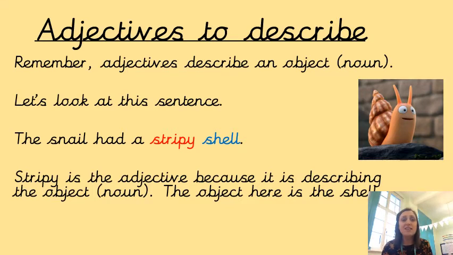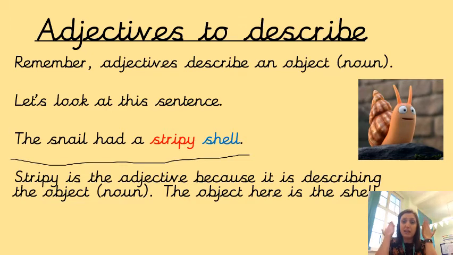In this sentence here, I'll just underline the whole sentence so you know which bit I'm talking about. It says, the snail had a stripy shell. The snail had a stripy shell. Six words in that sentence. The word in red is the adjective, stripy, we used that yesterday.